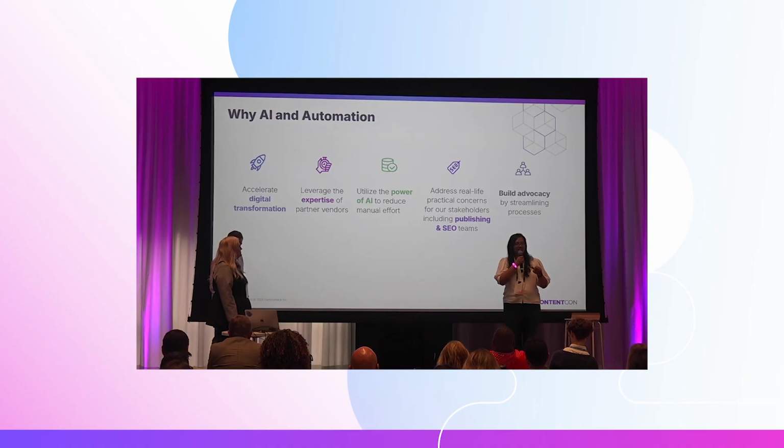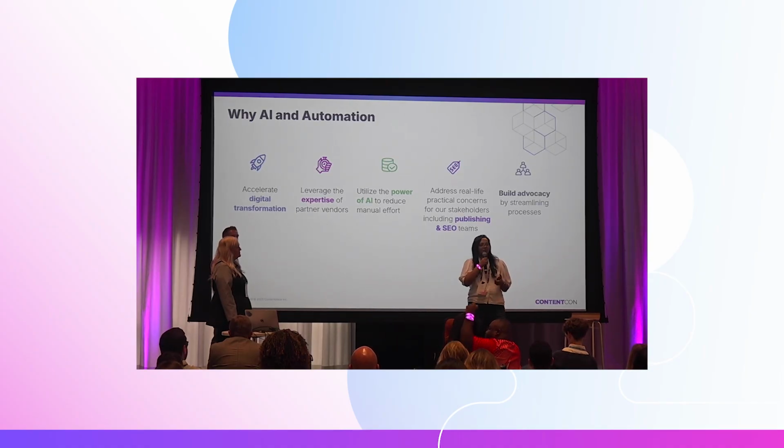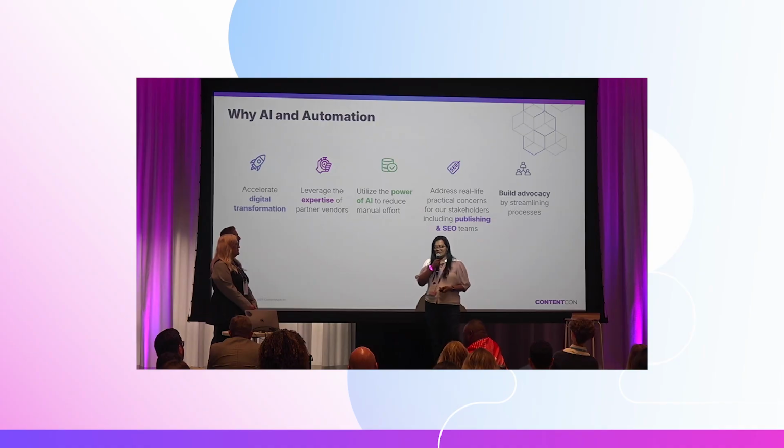Those were the areas we were looking to automate with AI and the Automate product. Plus, another key aspect was we wanted to build that advocacy within MongoDB itself. So we were pioneering the use of AI and Automate within Contentstack, so that once we optimize our processes, we would be building that advocacy with other teams within MongoDB as well.